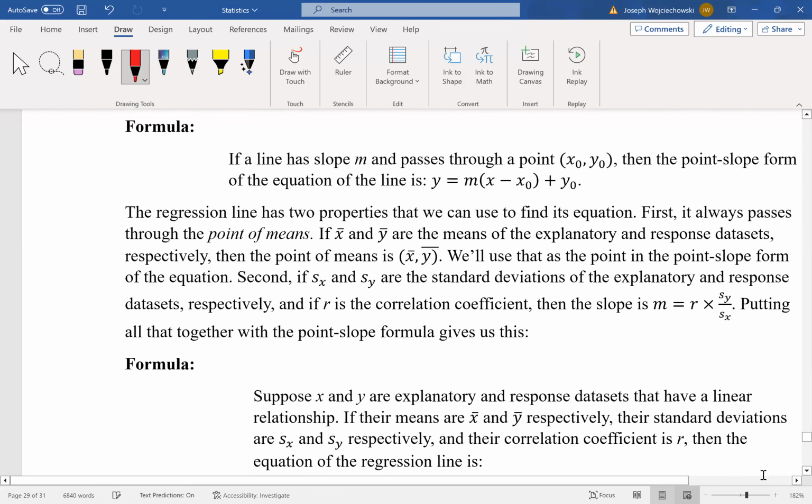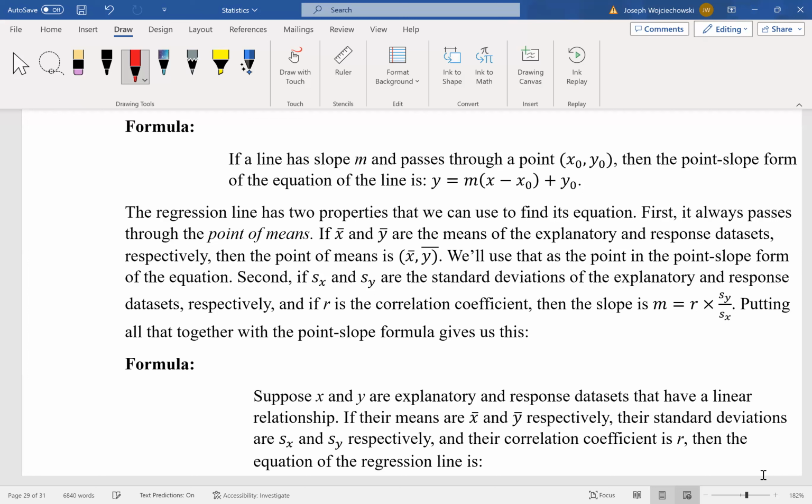So a regression line has two properties that we can use to find its equation. First, it always passes through the point of the means. So if x bar and y bar are the means of the explanatory and response data sets respectively, then the point of means is (x bar, y bar). We can use that as a point in the point-slope form of an equation.